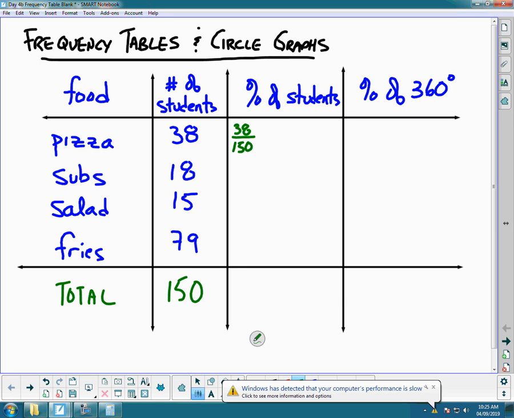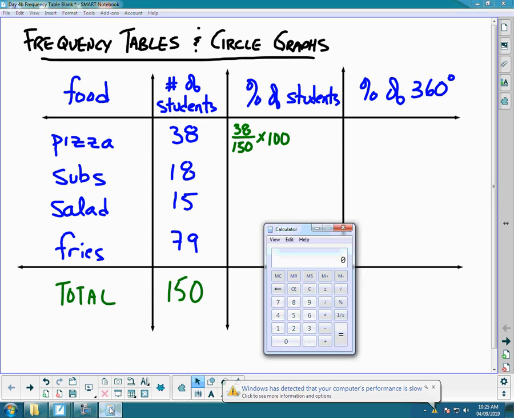That will get us a decimal, and then of course we would multiply that by 100%, or just 100. Multiply it by 100, and we would go to our calculator and just say 38 divided by 150 equals, there's our decimal.